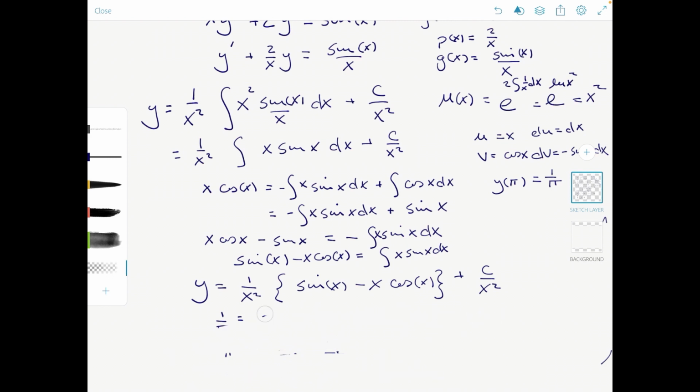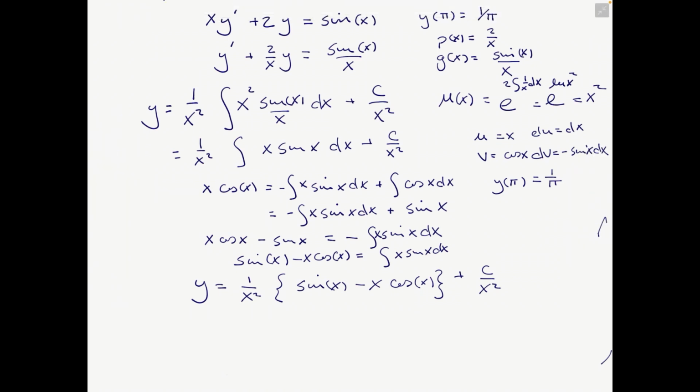So our solution is simply, when we plug in the conditions, we got y of x equals sine x minus x cos x over x squared.